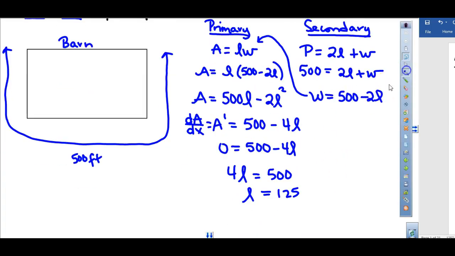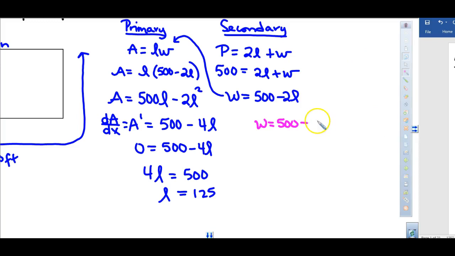So now that I know that my length is 125, come back up here and figure out that the width is going to be 500 minus 2 times the length. So that's going to give me 250 for my width.